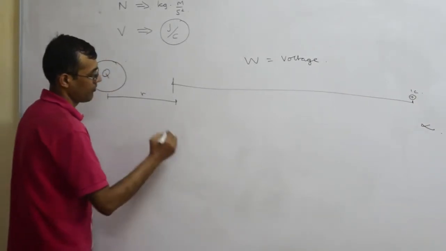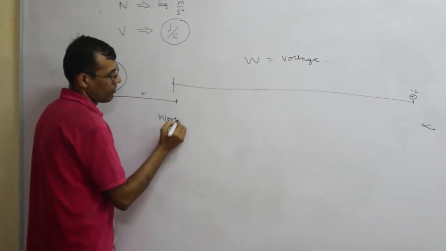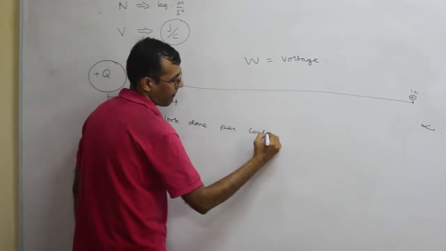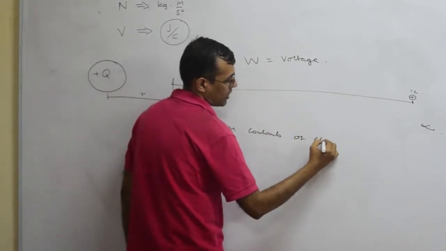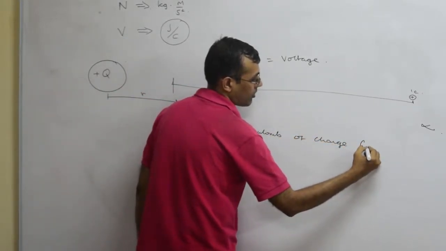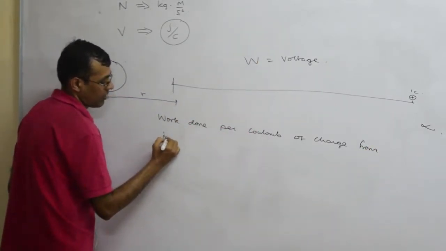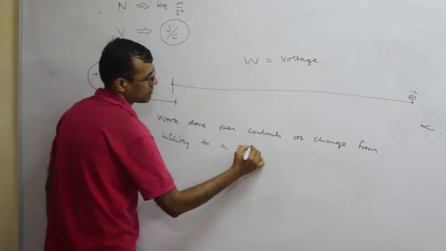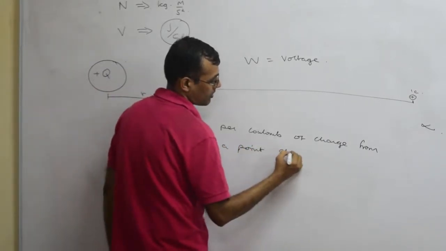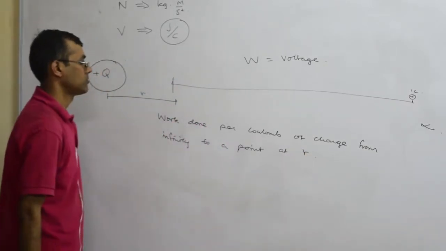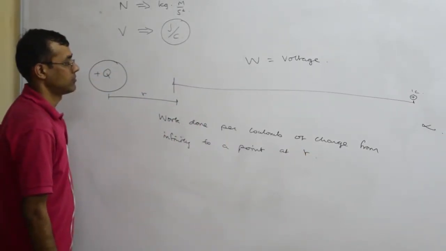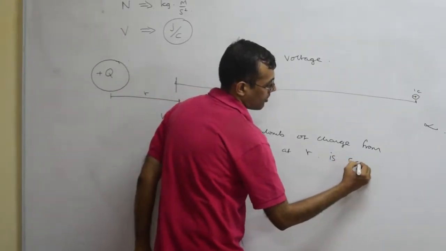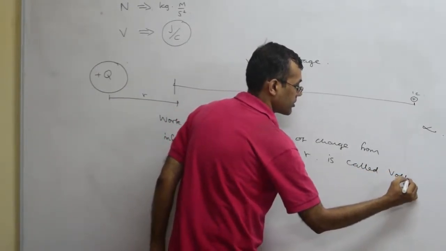So work done per coulomb of charge from infinity to a point at R is called voltage.